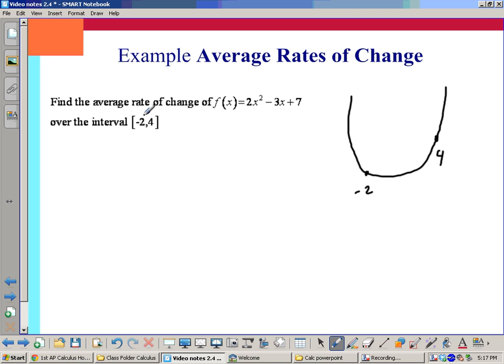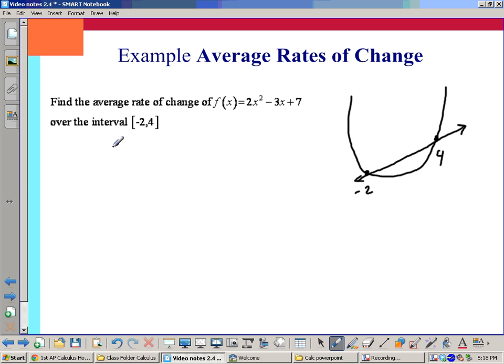This is an interval, not an ordered pair. So remember, we refer to intervals as a length of an interval, and this is the x. So if x equals -2 is here and x equals 4 is here, the secant line would be the line that connects those two points. So that's what we're going to find as the slope.